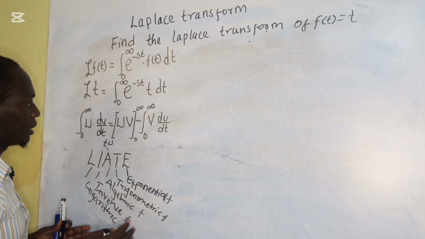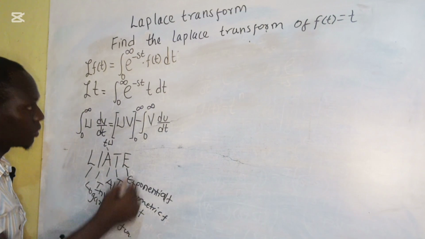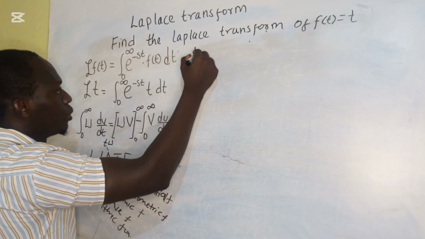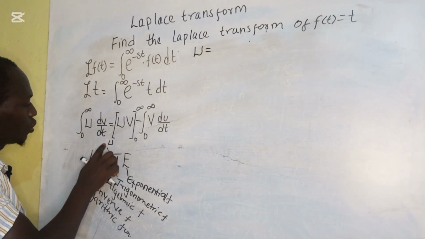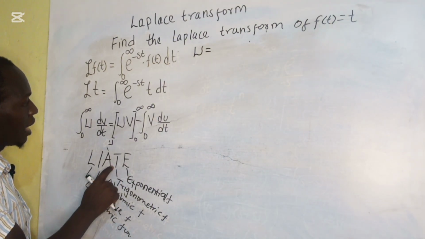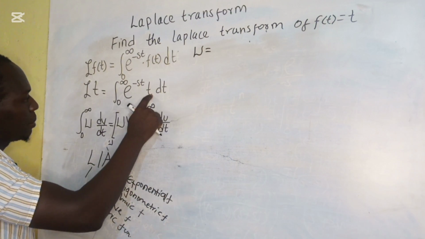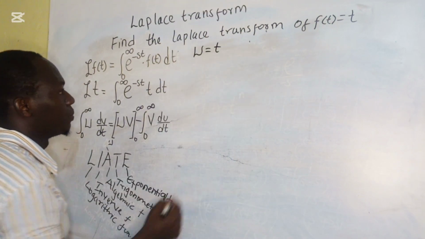Once you understand this, our u will be equals to an algebra, and the algebra here is equals to t.